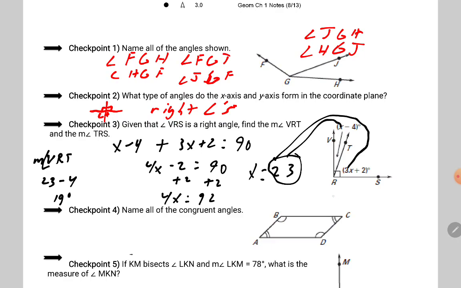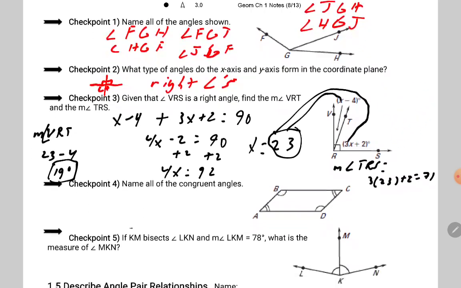And then TRS is 3 times 23 plus 2, which should be 81. Or 71, sorry. 71. Another way to look at it is, since you found this one first, you can just take 90 minus 19 to get 71, because that'll give you the other angle.